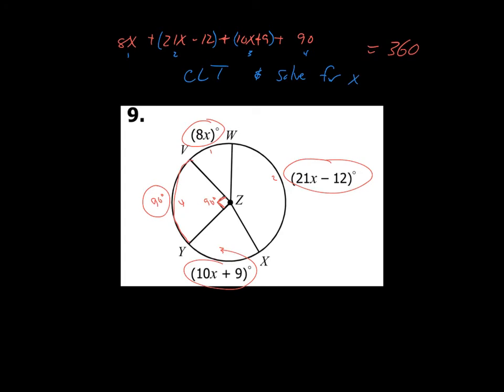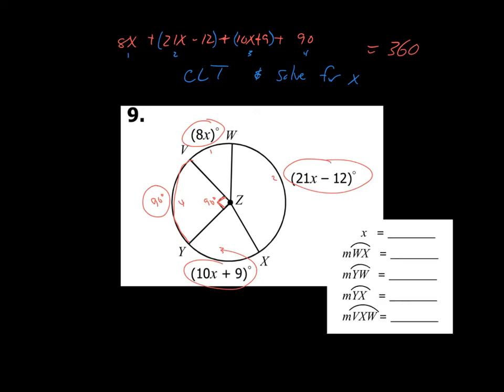This isn't really that complicated in terms of the algebra, and then at the end, for numbers 8 and 9, we're going to have to solve for a few more things. Once you have the measure of x, they're going to want the measure of arc WX. I know that's less than 180 degrees. And WX is right here.